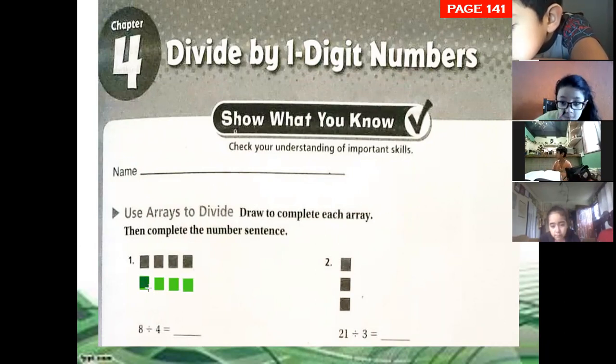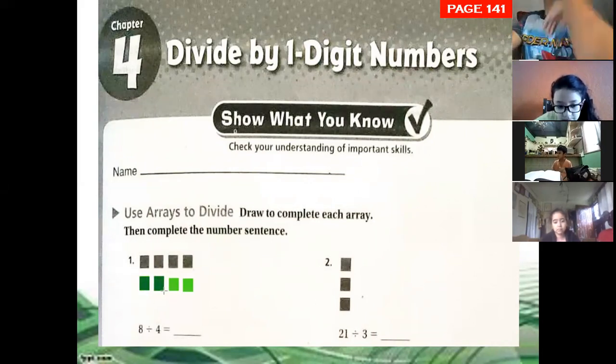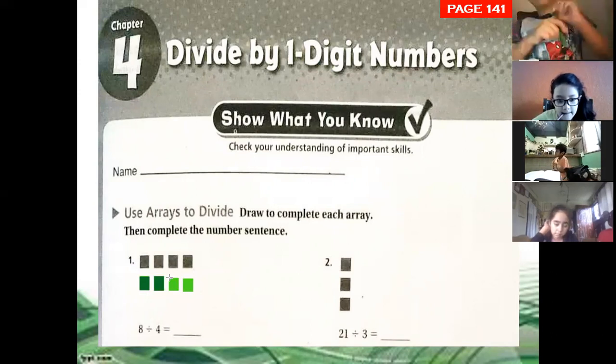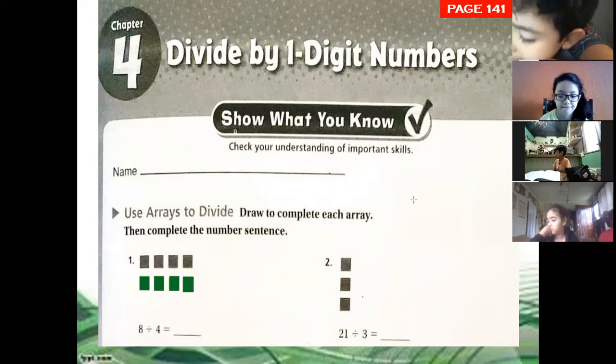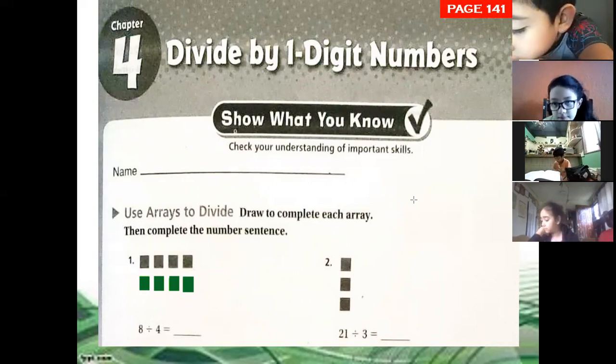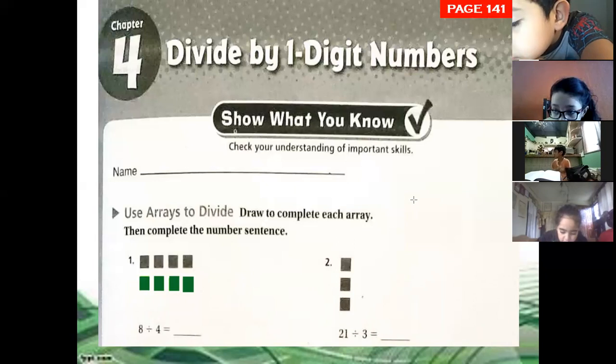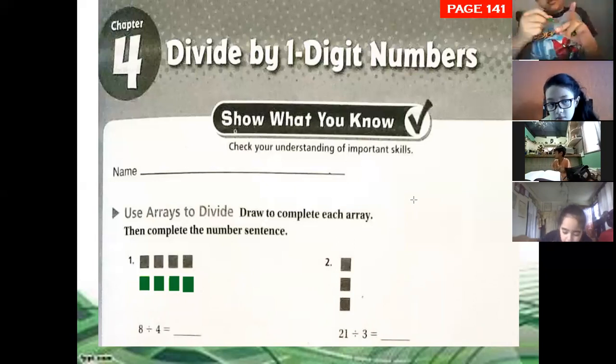Now, we have to divide. What does divide mean? Divide is to share an amount into equal groups. If you are 20 students and I have 50 candies, I need to share the candies among my 20 students, but each student needs to receive the same number of candies, right?